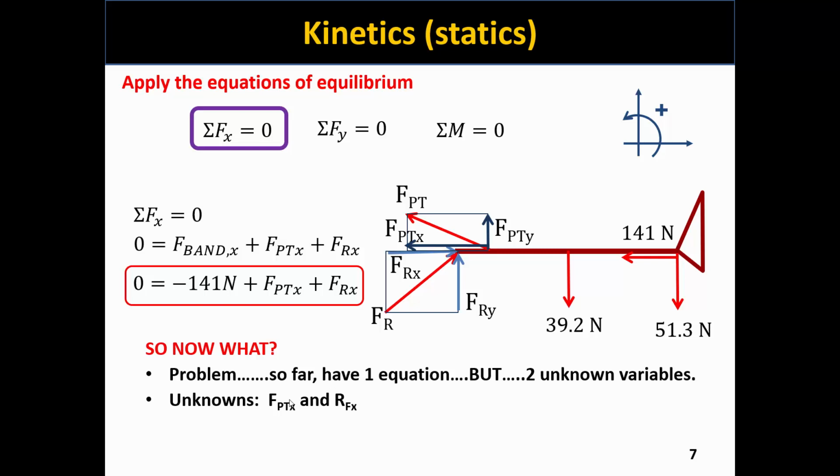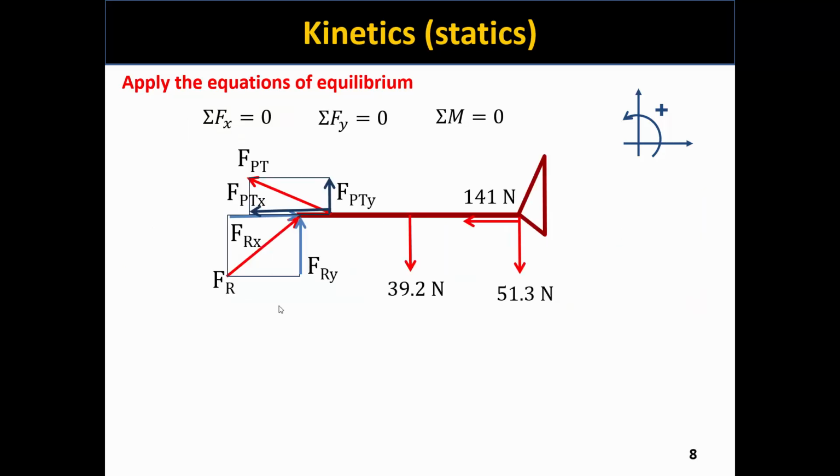So with those two unknowns, we can't solve it. We would need at least one more equation to match the number of unknowns. So at this point, we just take our one equation, we set it aside, and we move to the next equation of equilibrium, which is our y direction.